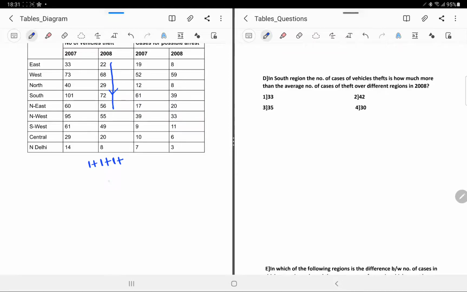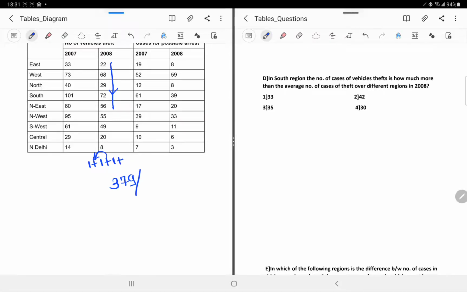And 2 plus 49 would be 51. 51 plus 20 is 71, and 71 plus 8 is 79. Okay, so this is 79, and you'll carry 3, so this is like 379.